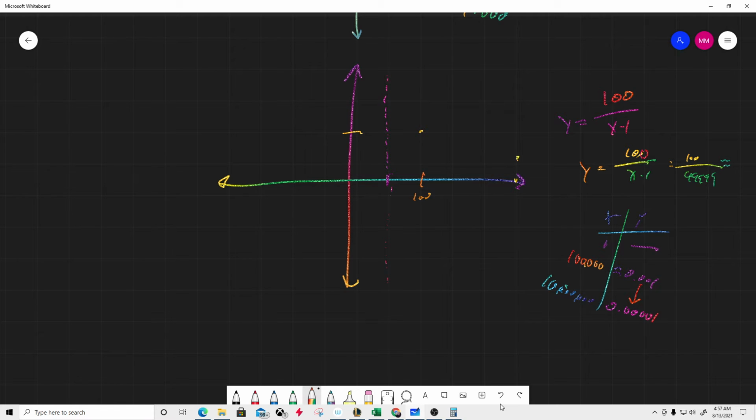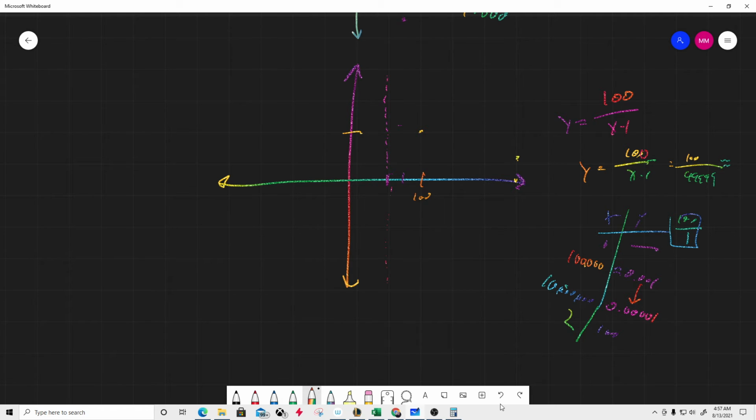But let's go back. Let's see if we can fit 2 in here. And 2 would be 100 over 1, right? Because 2 minus 1 is 1. So 2 is 100. So if we go back to 2, it's going to be way up here.